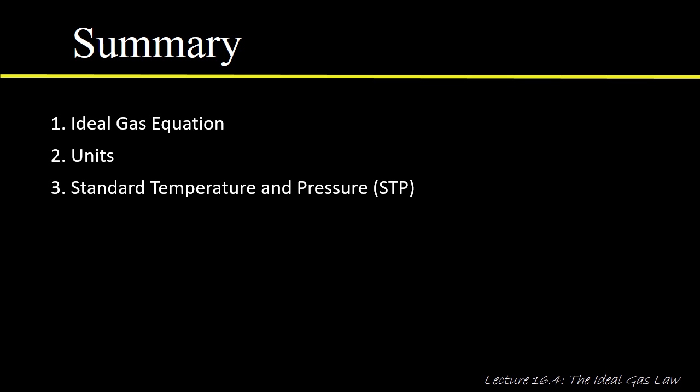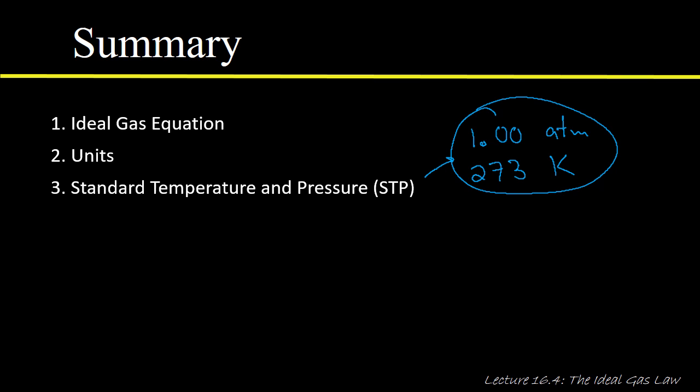That's something that you need to know. And make sure that you remember that STP is 1 atmosphere and 273, not 298, 273 Kelvin. And we also looked at how to use the ideal gas law to derive the simple gas laws.